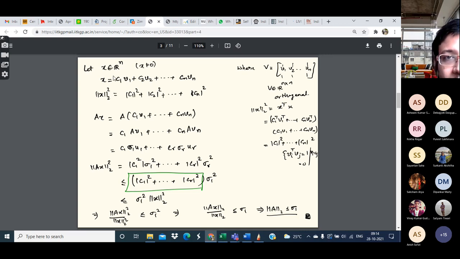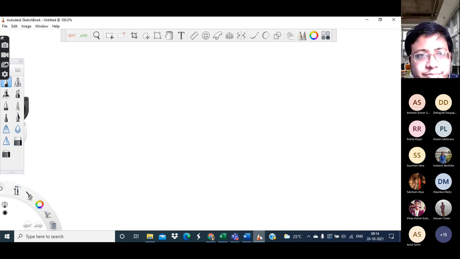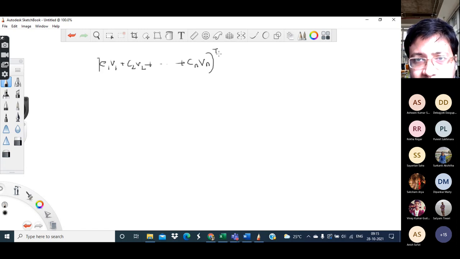And you can quite easily work out that this basically means taking a dot product of this entire summation with itself: C1 V1 plus C2 V2 all the way up to Cn Vn, times its transpose, the same thing, C1 V1 plus C2 V2 all the way up to Cn Vn.